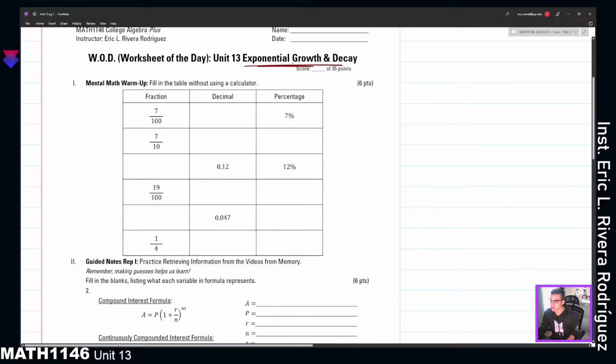I don't think this is the best title for the unit, but we will use exponential functions and logarithmic functions. You will see how we use them to work on two types of cases: economic or financial cases related to interest, to loans, to future value, and population problems, which are more related to biology.